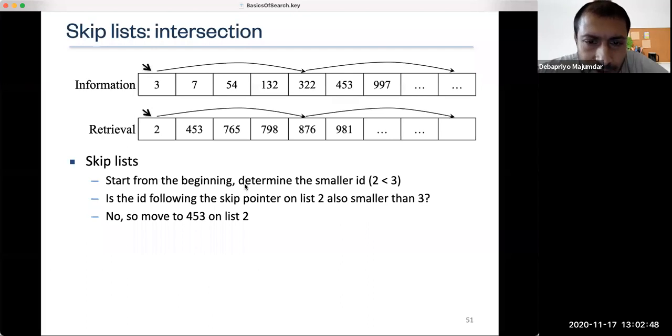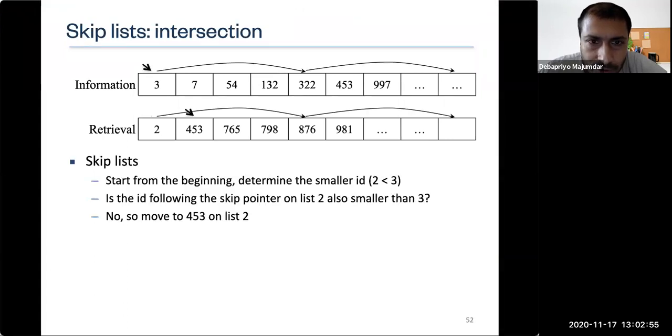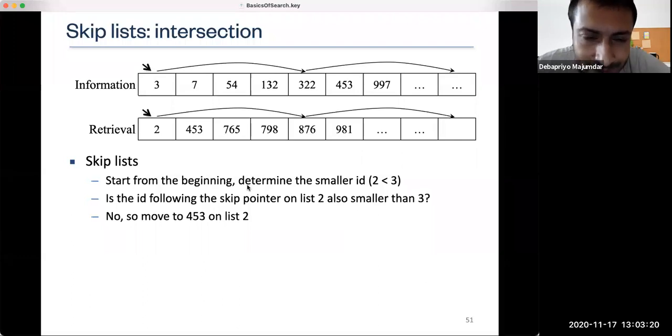Start from the beginning, determine the smaller ID. In this case, 2 is less than 3, so you have to move here. Now, is the ID following the skip pointer on list 2 also smaller than 3? Let's redo this.